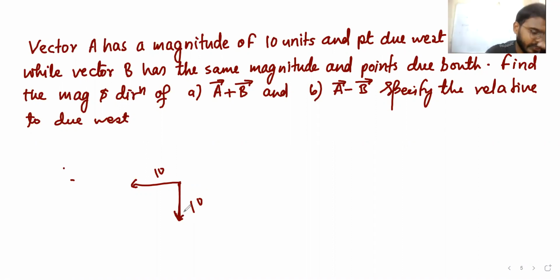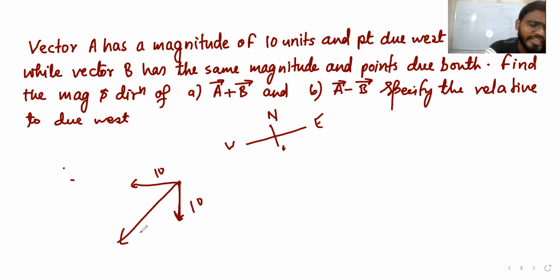So we can say this is south, right? East, west, north, south, so I drew it correctly. So the resultant is going to be somewhere here, right? And then they are saying find the magnitude and specify the direction relative to due west. Okay, means the angle with this. That's it. Now you guys can find it, right?